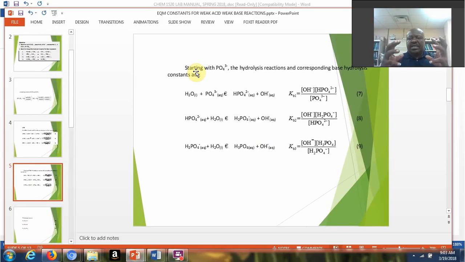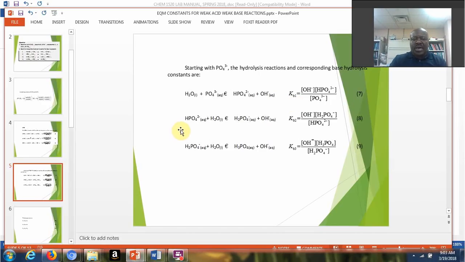How about the base? Each time you have a weak acid, the conjugate thing is actually a weak base. So here, if we start with PO4 3-, which is the most basic, reacting with water to form HPO4 2- and hydroxide, that's Kb1. And that will be the largest number in terms of comparing Kb1, Kb2, and Kb3.